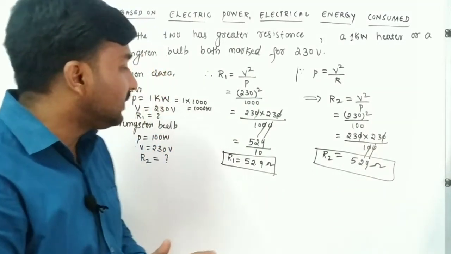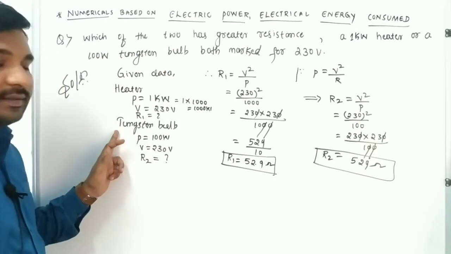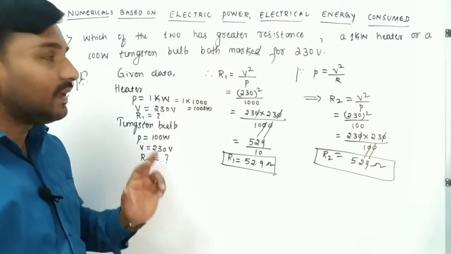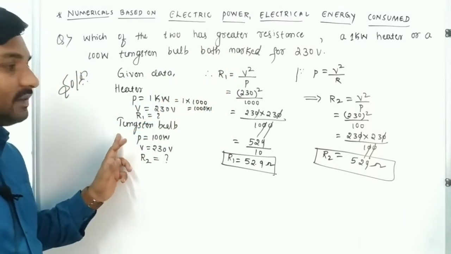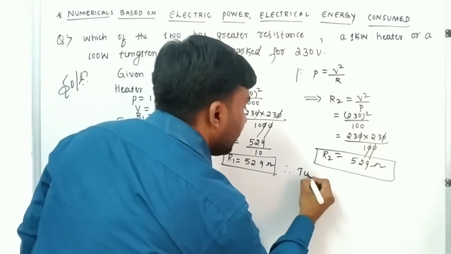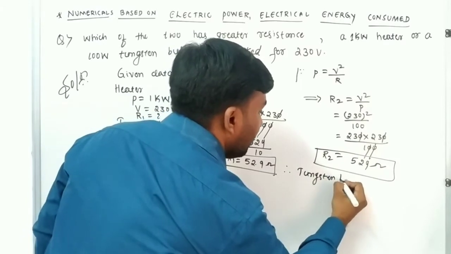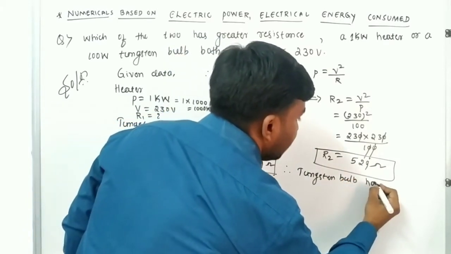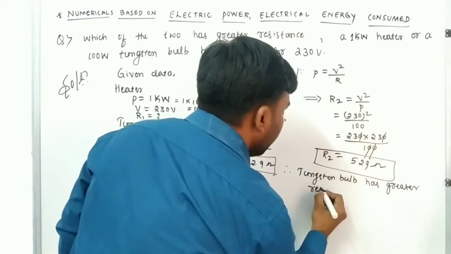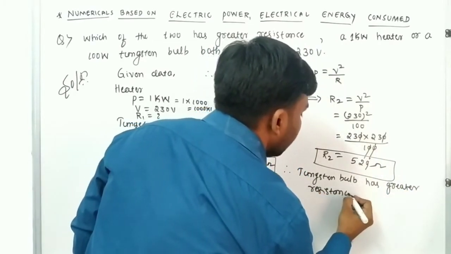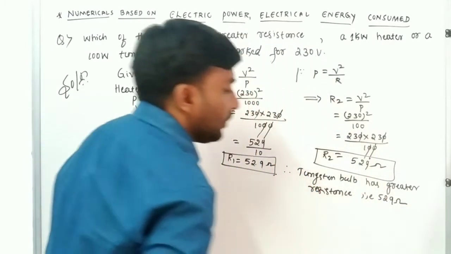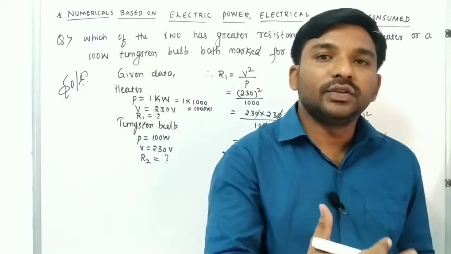So hence, between the heater and the tungsten bulb, the one having the greater resistance is the tungsten bulb. Tungsten bulb has greater resistance, that is 529 ohm. So hence here we have solved the problem.